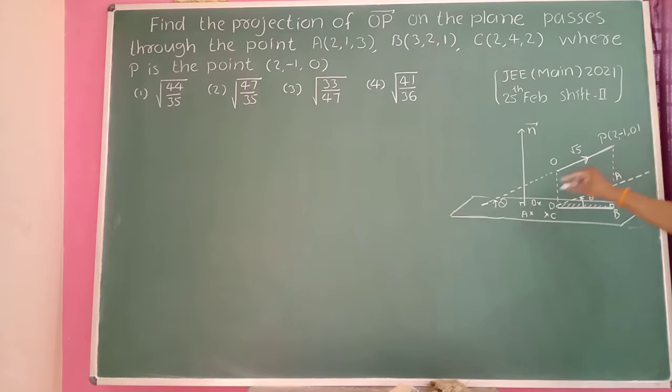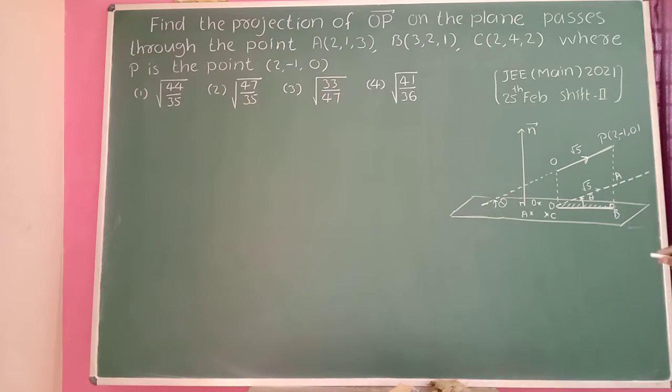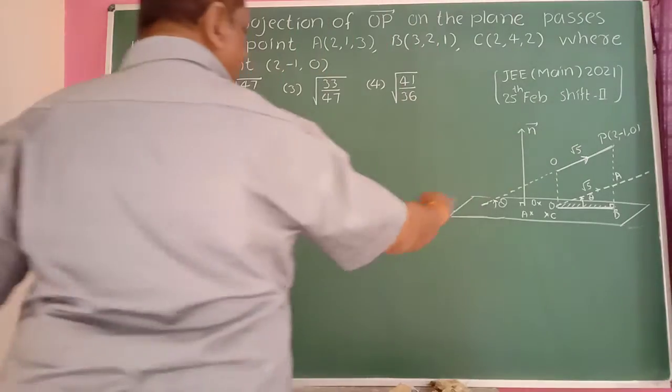If OP makes angle theta with the plane, then OA also makes the same angle theta with the plane, because both vectors are parallel. Then the projection of OP is OB, as well as the projection of OA is the same OB. Therefore, in this case, first find the equation of the plane.